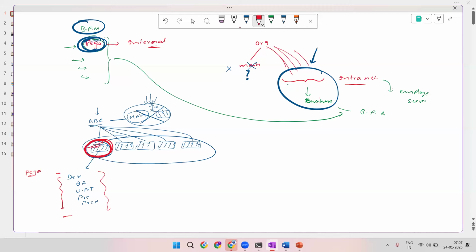So maybe for deployment, you may have to go for DevOps. Okay, and maybe for reporting, you may have to go for external things like Tableau or Power BI. And maybe for some kind of versioning between different environments, you may have to go for some extra things like team foundation servers.